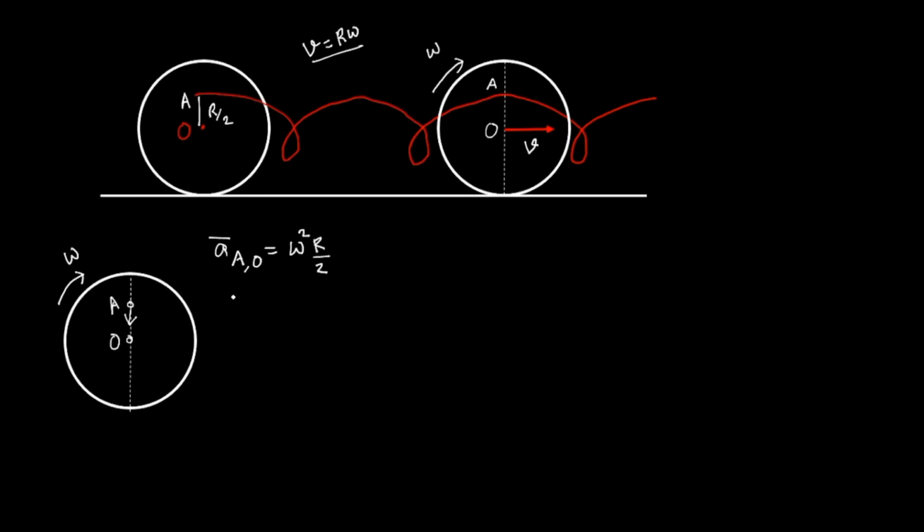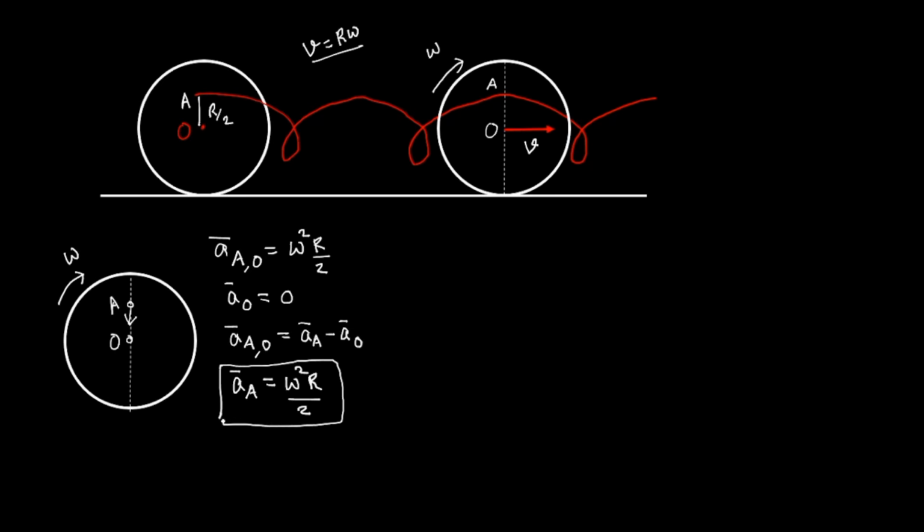That means acceleration of O is 0. If you apply the relative acceleration formula, A_AO is A_A minus A_O. If you put it over here, we get acceleration of point A is A_AO only, which is omega square r/2. This we got from pure spinning motion consideration of the ball.